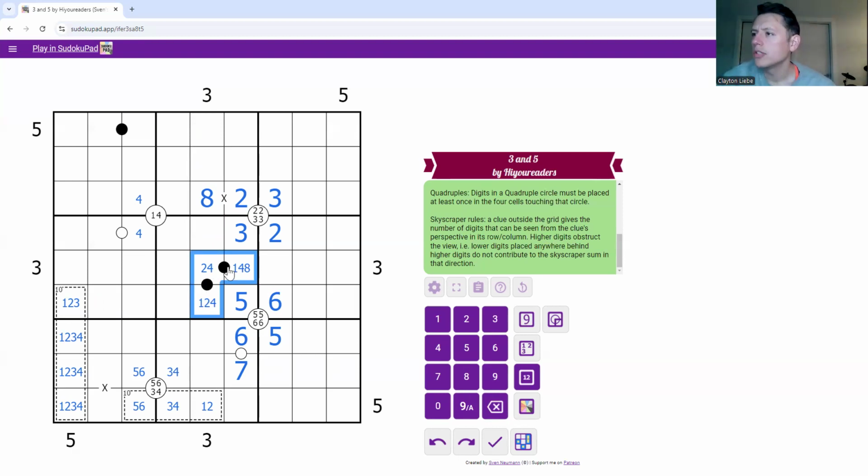Okay. So what should we consider? Well, if we know 4 is always here, 4 is in one of 2 positions here. So still lots of options.